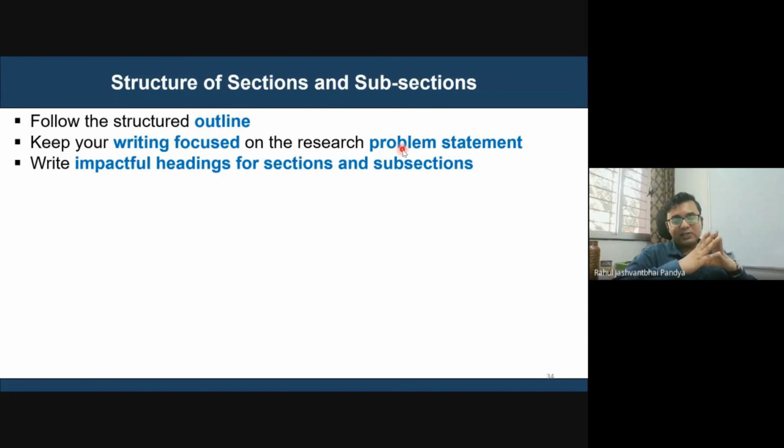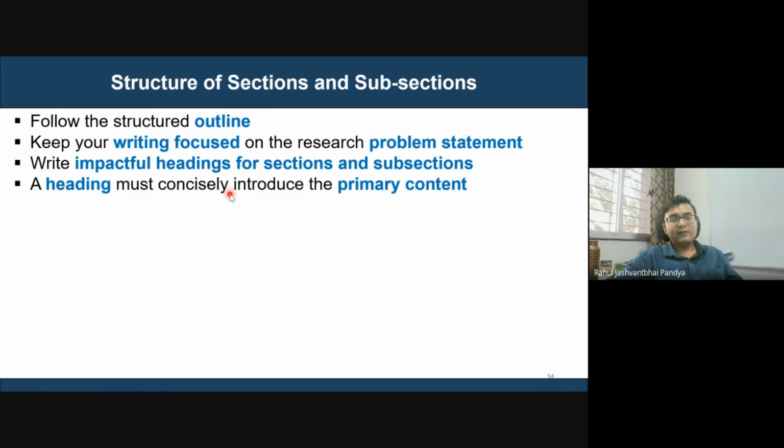Generally, when we select the headings, they must be impactful. Each and every heading or subheading should highlight what is in that particular section, right? So that the reader gets a clear idea about what's in that section and whether it's worth reading further. It will help reviewers also to quickly guess what's in that subsection.